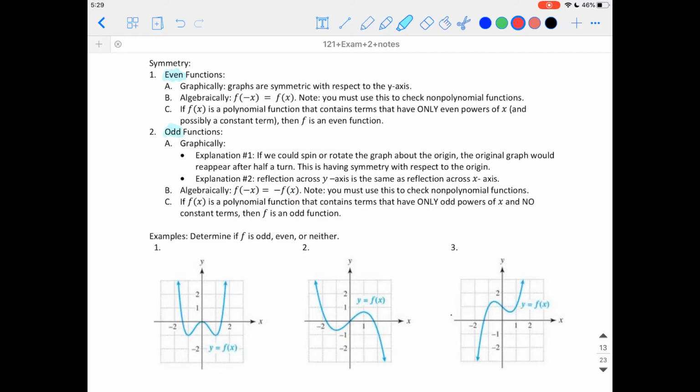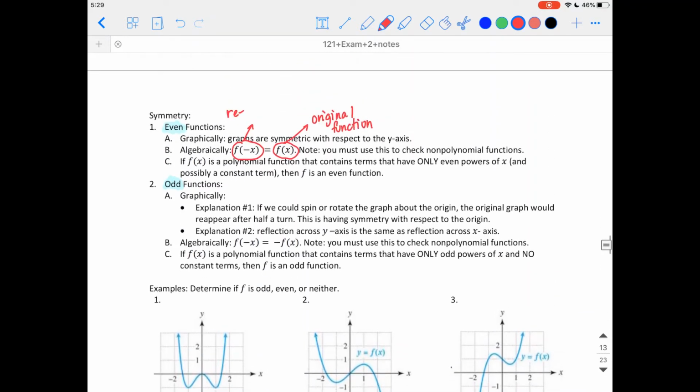But let's analyze this equation a little bit more. So f of x is the original function. And from our transformation lesson, when the negative is on the inside of the function, this is a reflection across the y-axis.